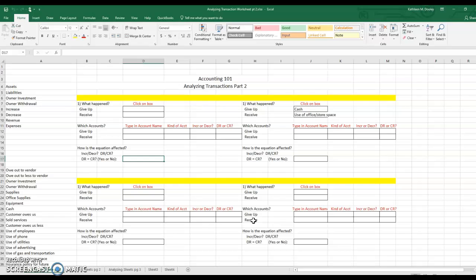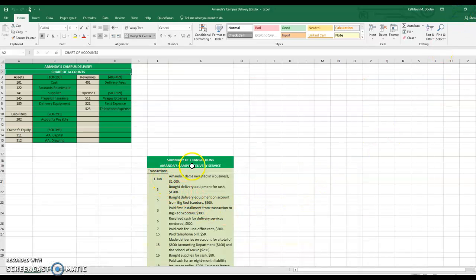So basically you can do 24 transactions on this one set of analyzing sheets. And of course, all you need to do if you need more is to copy some more onto other sheets. Okay, so let's go ahead and get started on Amanda's campus delivery.